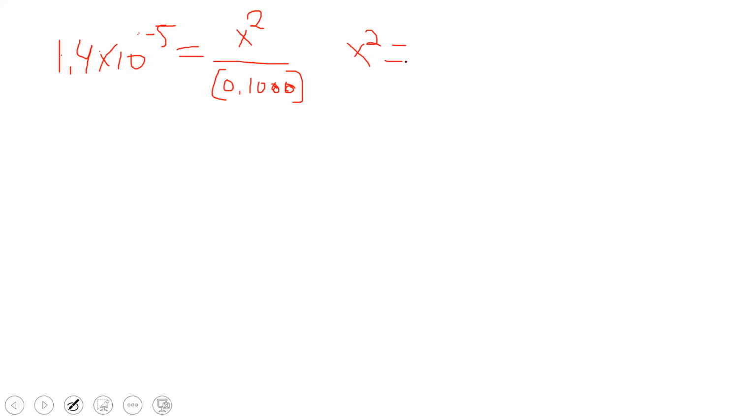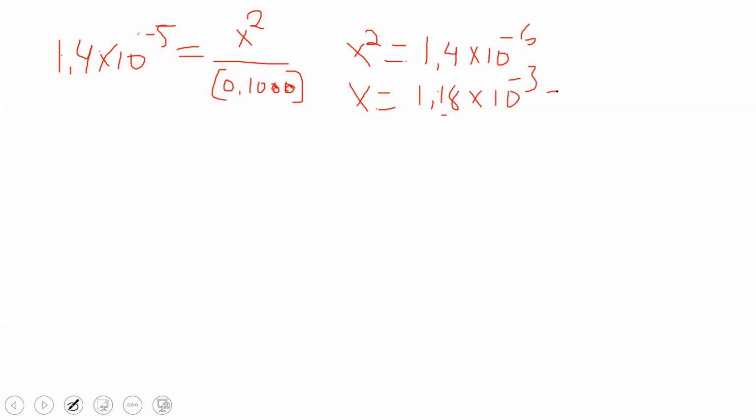X squared will equal 1.4 times 10 to the minus 6, which means our X will equal, just take the square root of that, 1.18, really 1.2 if we're doing sig figs, but 1.18 times 10 to the minus 3.